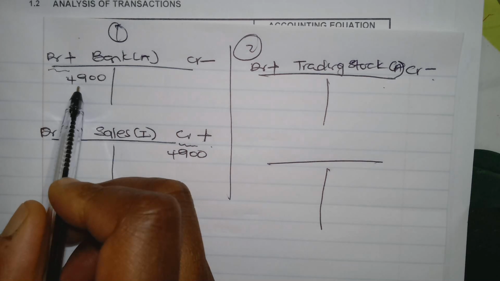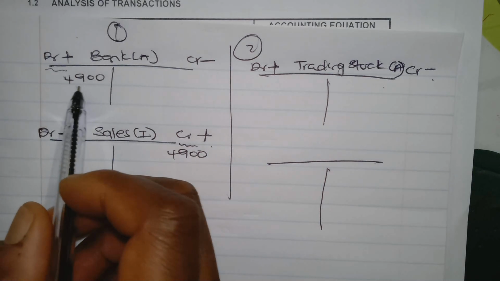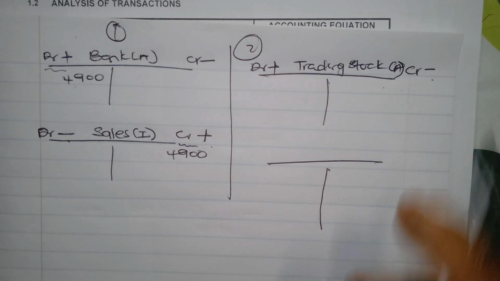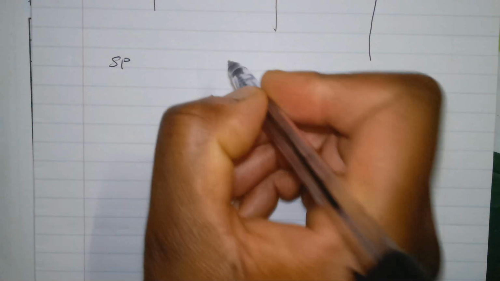But we do not record the selling price of 4,900 on the credit side. No, we do not. We need to know, okay, selling price, all right? We know it is 4,900. We do not know our cost price. They didn't tell us our profit, right?